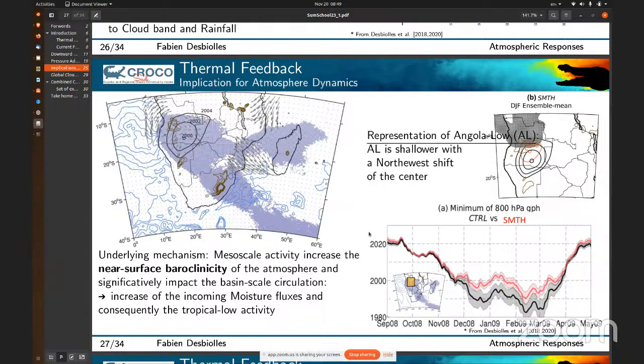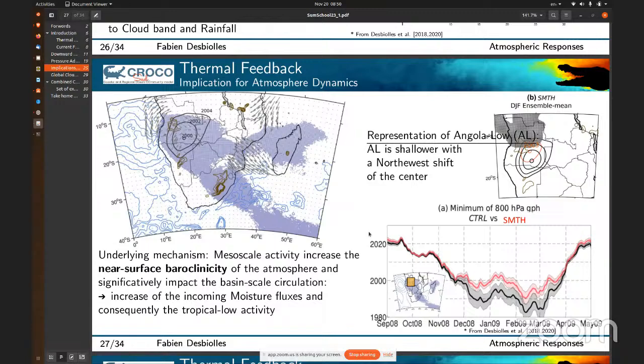So if this pressure adjustment and downward momentum mixing is present all the time, we're going to change the near-surface variability of the atmosphere, and that's going to change all the basin-scale, large-scale, regional-scale dynamics, resulting in a deeper Angola low.